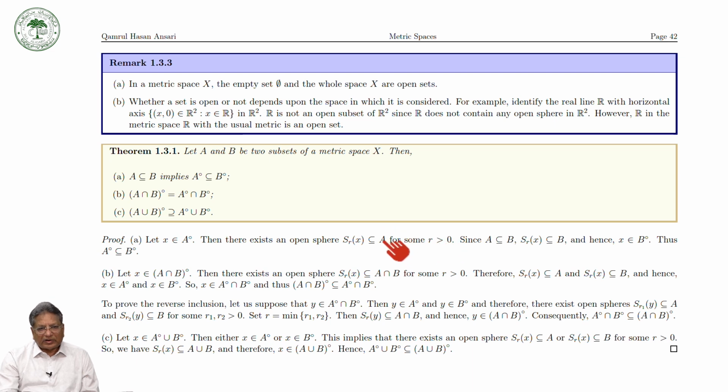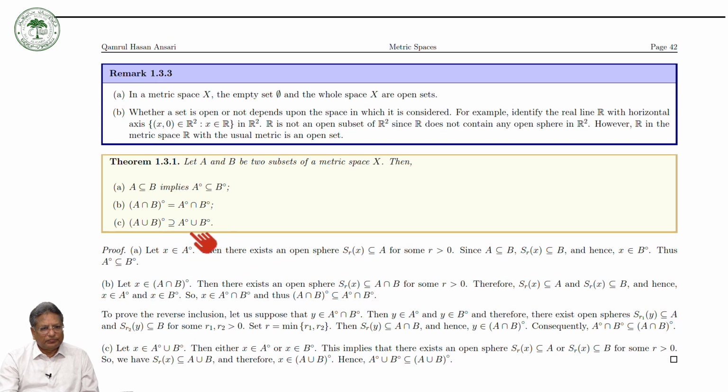But A is a subset of B, so S_r(X) is a subset of B. It means that X is the center of some open sphere contained in B. It means that X is an interior point of B. So we have proved this.